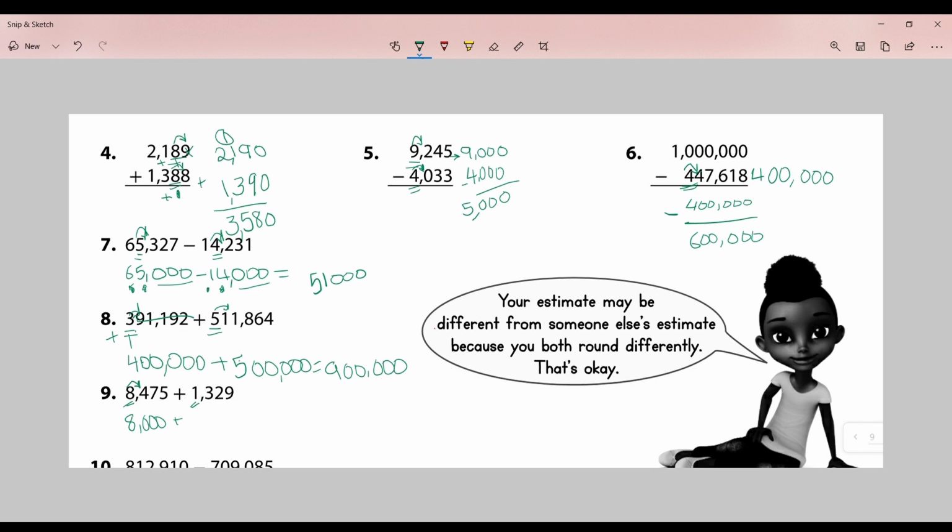So this is the thousands place. Find your place, look next door. If 5 or greater, add one more. If 4 or less, let it rest. So I'm just going to let the 1 rest without changing it. Numbers on the left stay the same. I don't have. Numbers on the right, 0 is your name. So 8,000 plus 1,000 equals 9,000.